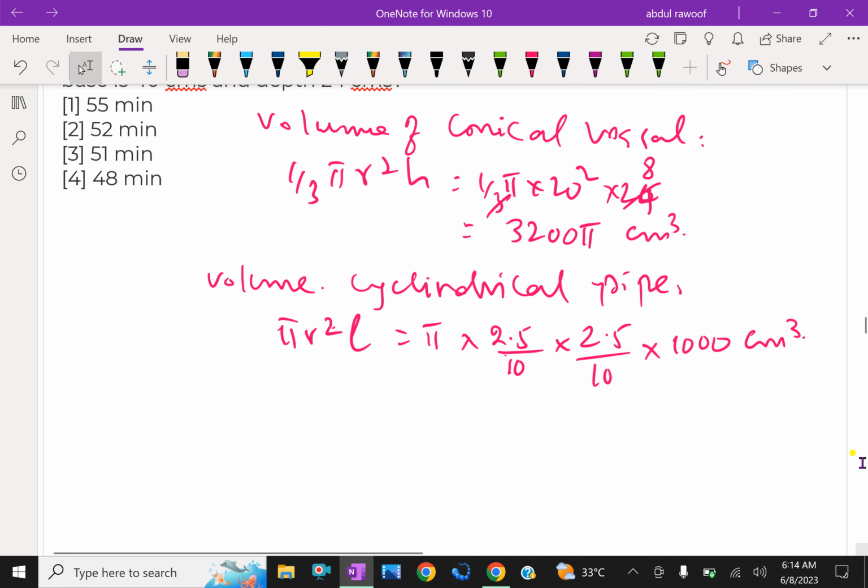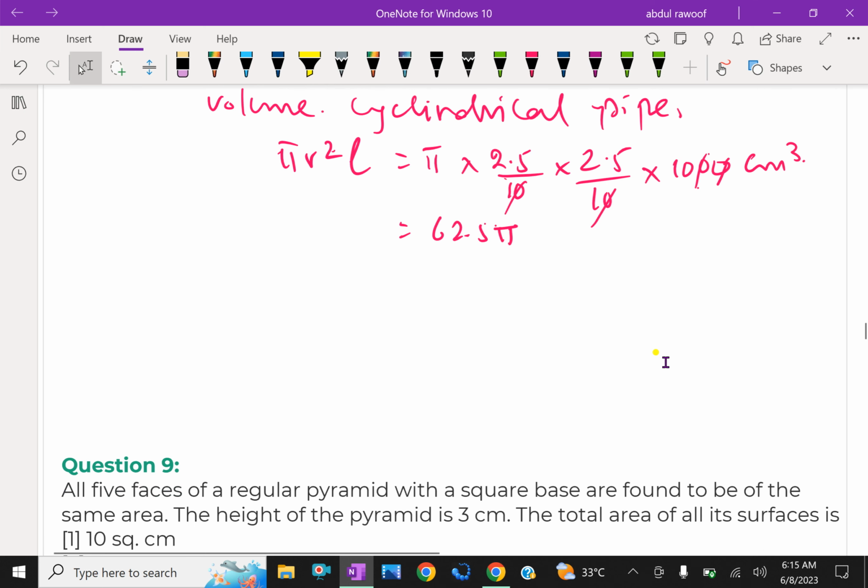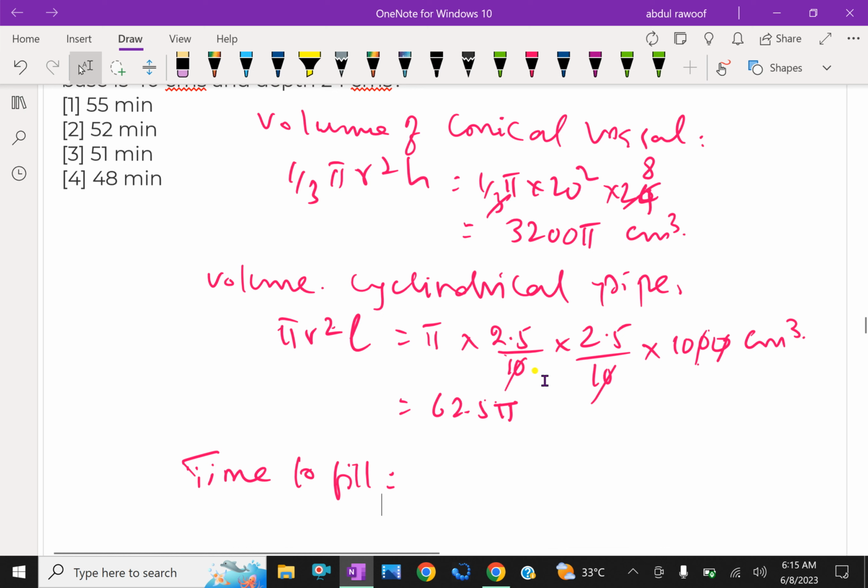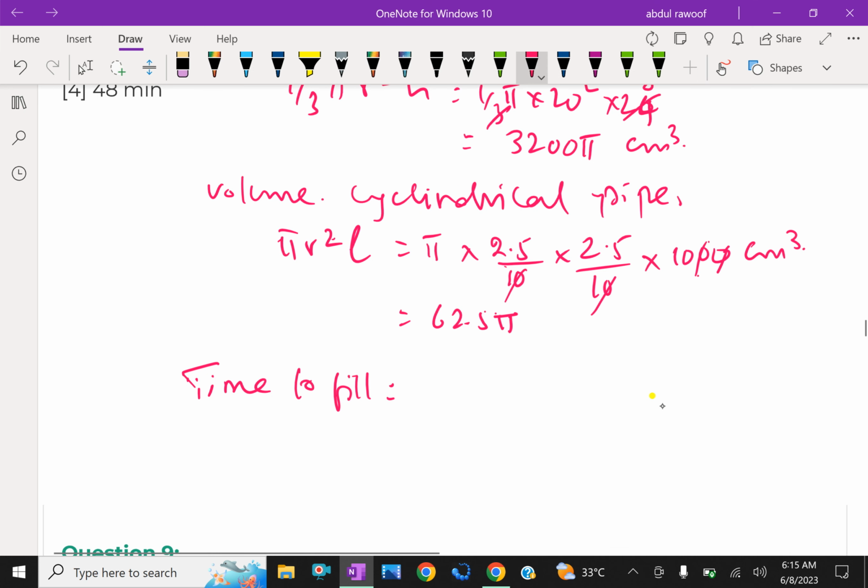So here, the calculation is this cut first. After that we have 62.5 pi. Therefore, time required to fill equals volume of cone divided by volume of the pipe, which is 3200 pi over 62.5 pi.